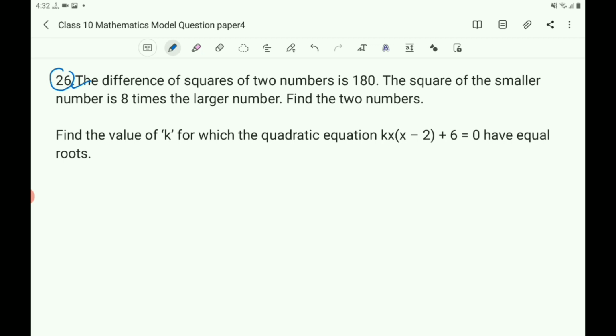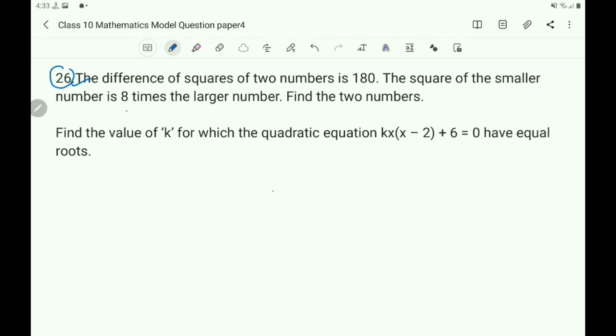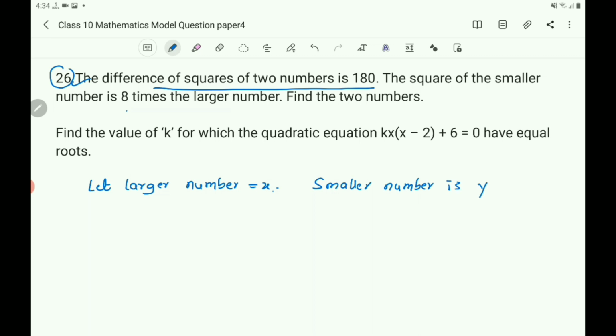Here it is given that the difference of squares of two numbers is 180. The square of the smaller number is 8 times the larger number. So let us take, let larger number equals x, smaller number is y.